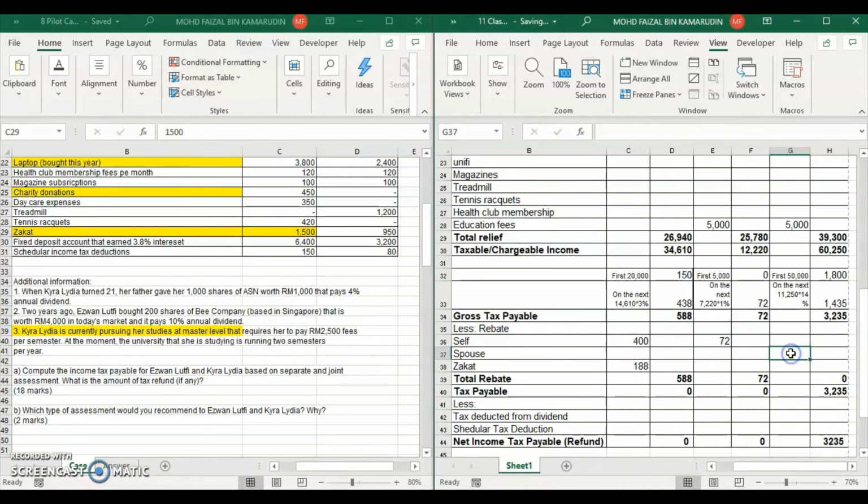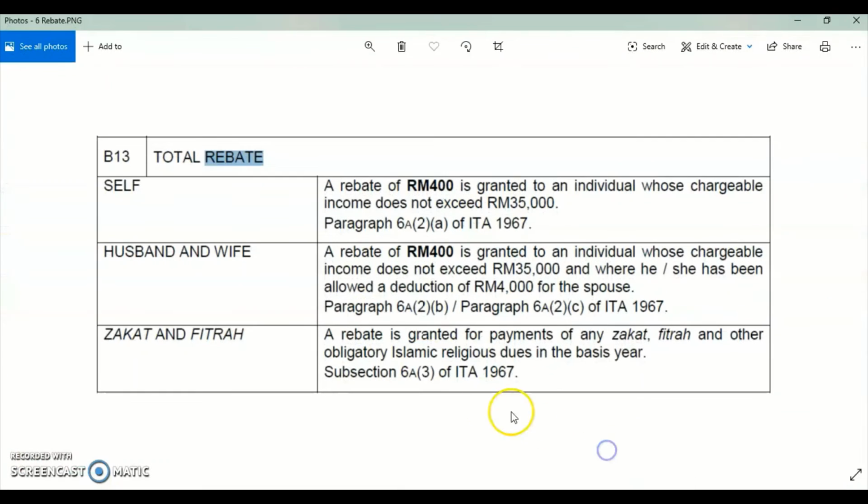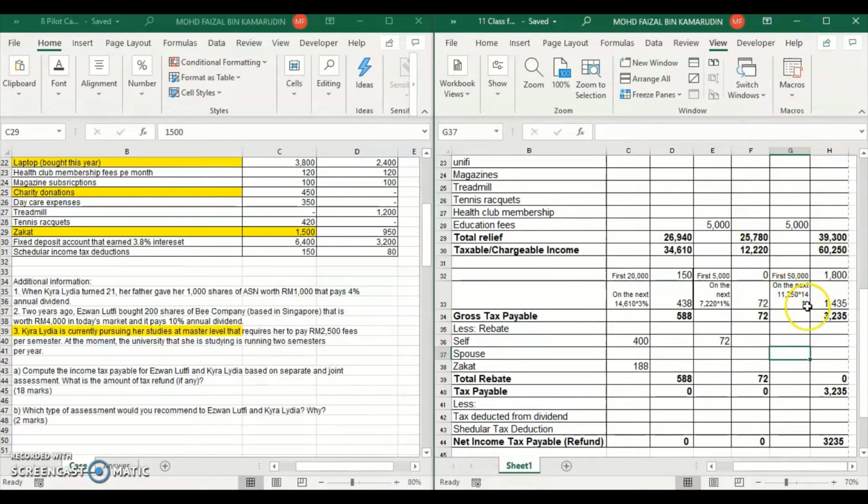But spouse, no. The zakat, you can only claim for spouse if the chargeable income does not exceed 35,000. So in this case it is 60,000, that's why there is no zakat. Yes, by all means you can claim all, which is 1,500 plus 950. No issue.